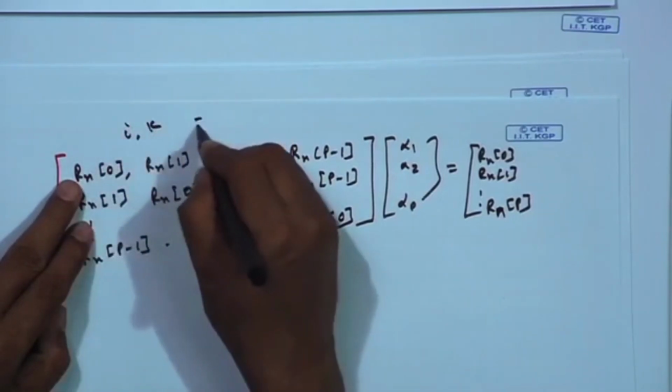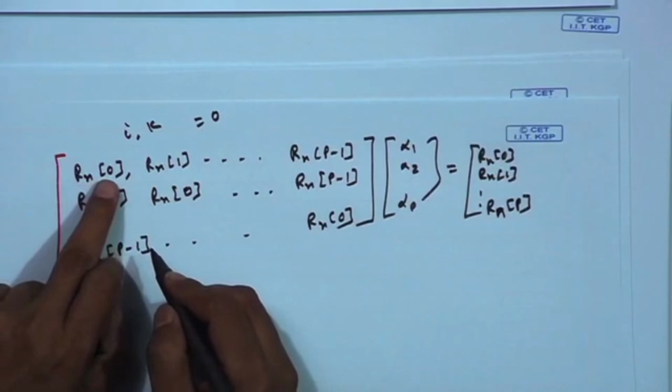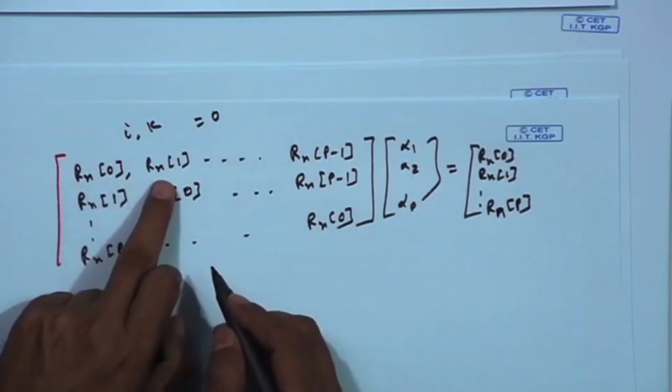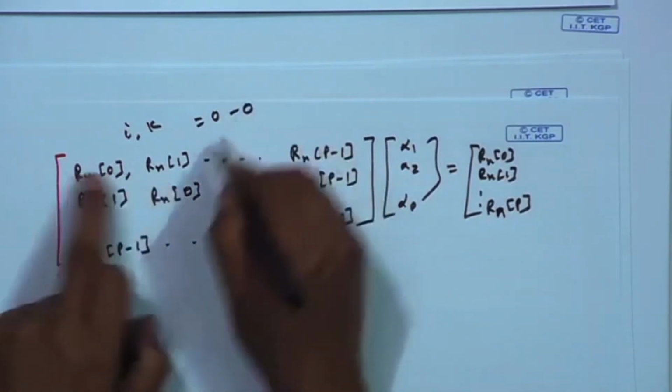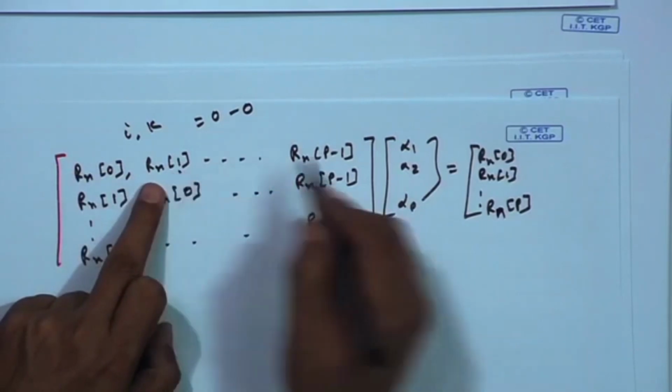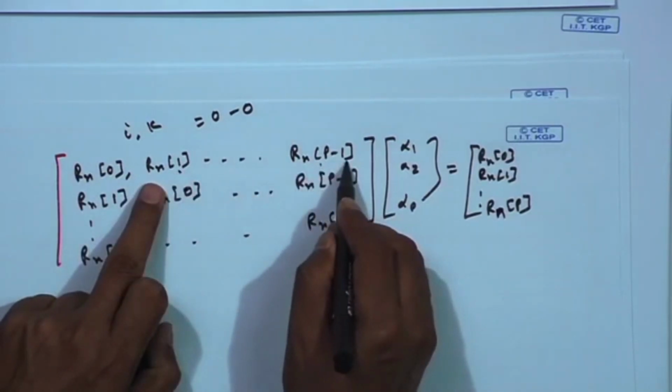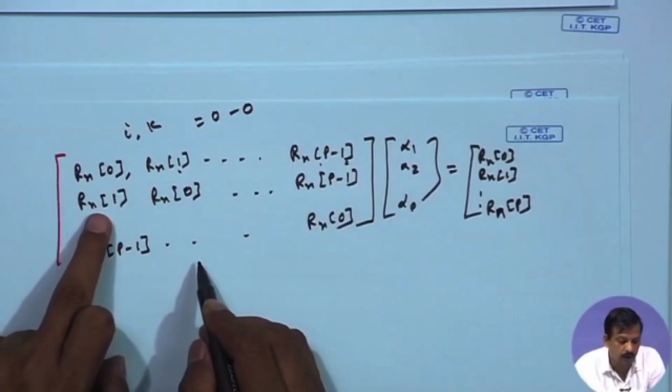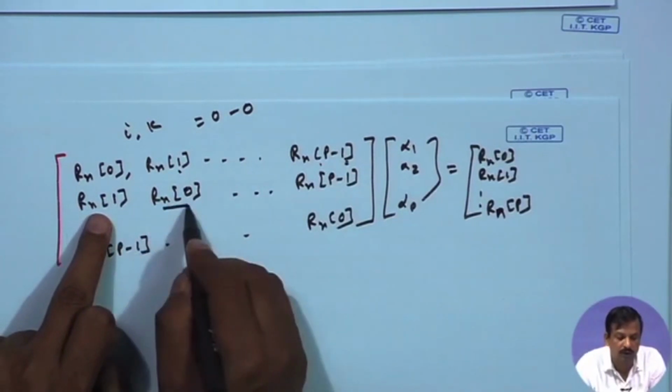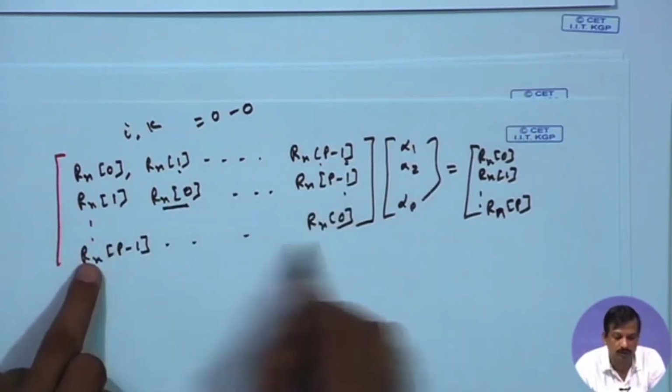So, for i equal to 0, k equal to 0, it is R_n(0); for i equal to 1, it will be R_n(p minus 1). That way it will come.